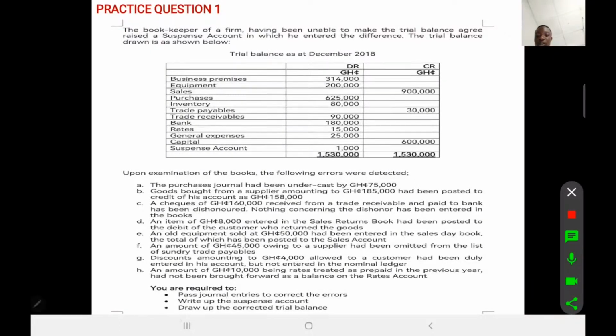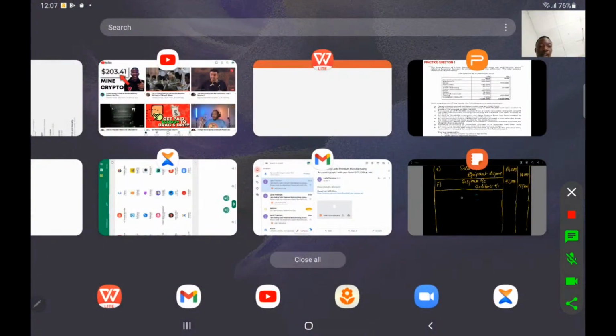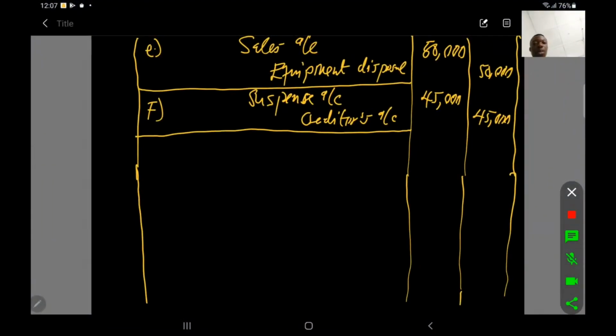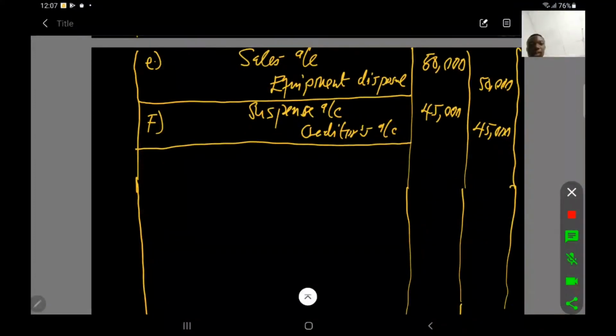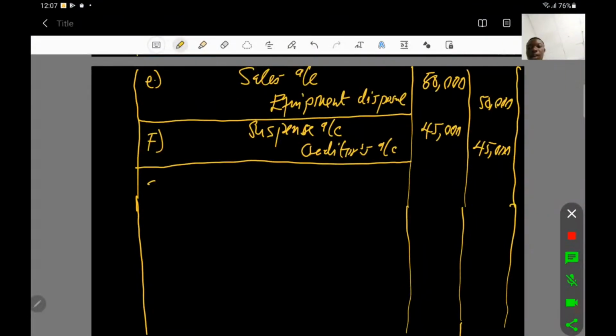So here, discount expense is going to have a debit balance.